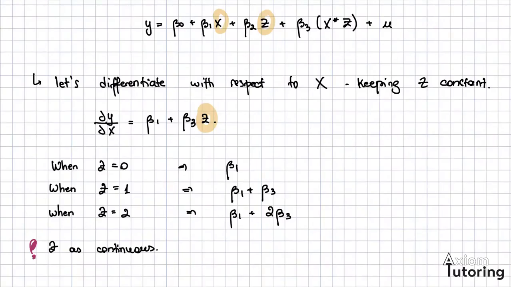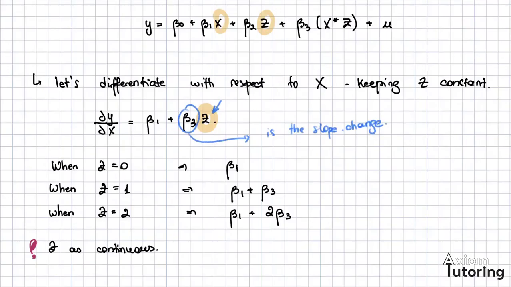Now, what I want you to take away from this is that this beta 3 tells us how the effect of x changes when z is increasing either by a unit or more. So, in a sense, beta 3 is the slope change. And this is the most important interpretation that you have to keep in mind.